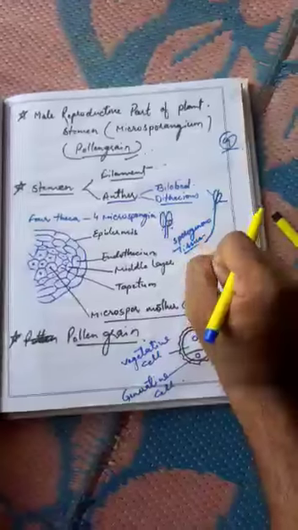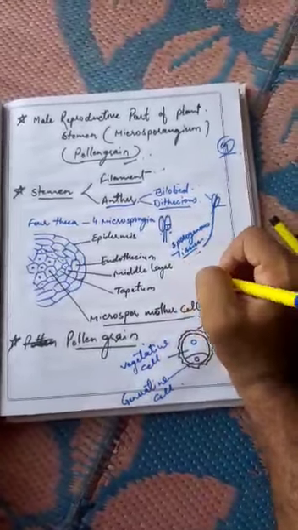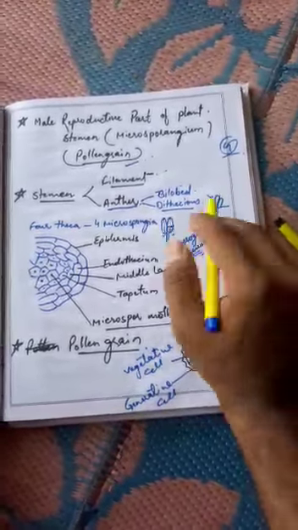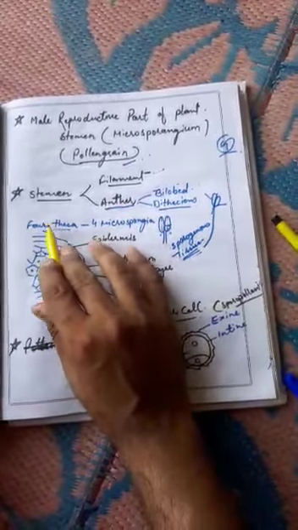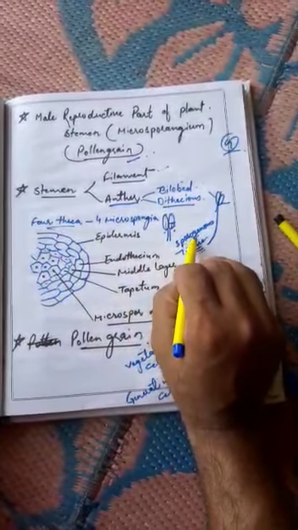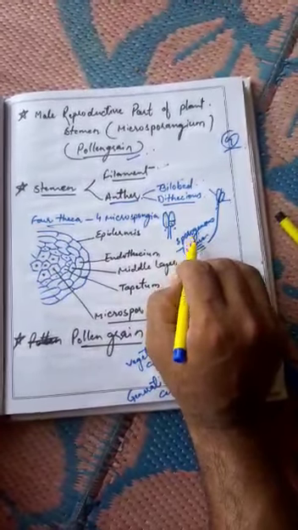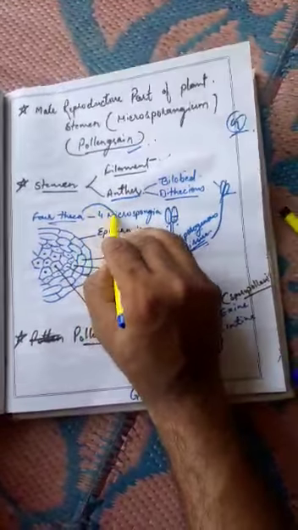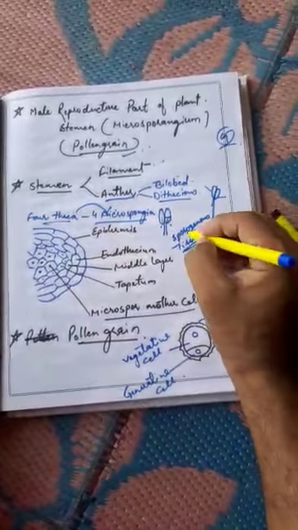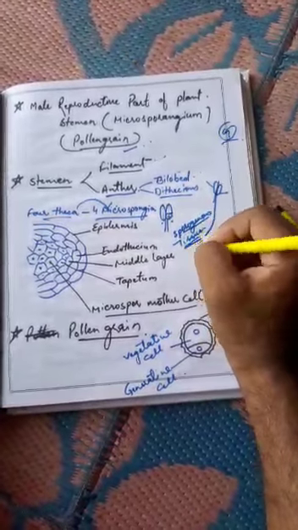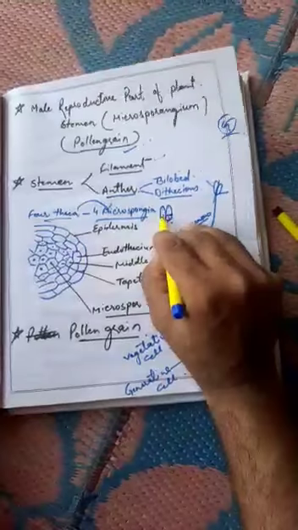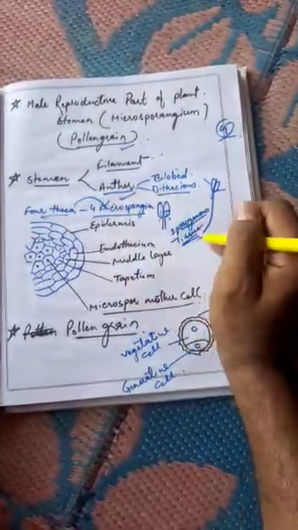with a mass of tissue known as sporogenous tissue, which ultimately, when it starts dividing, in all 4 theca, inside every theca, the sporogenous tissue converts into microsporangia. That means after division, when it becomes mature, the sporogenous tissue in each theca develops into sporangia.